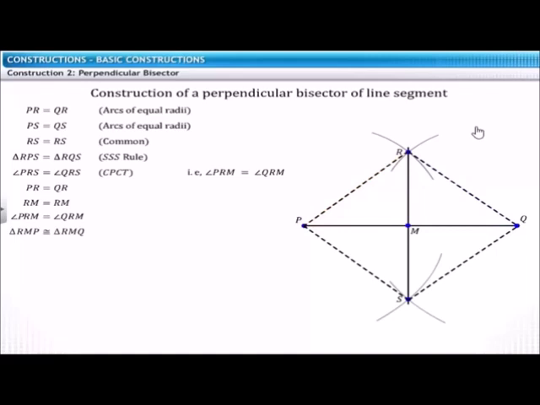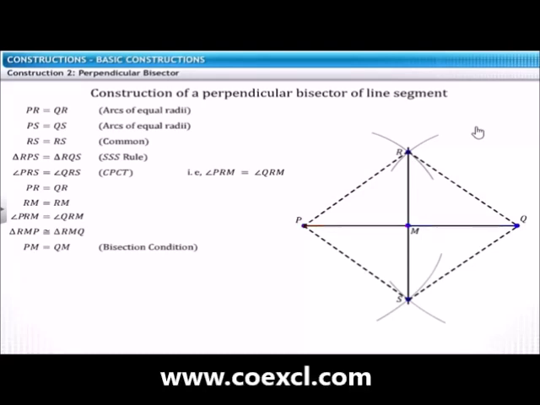By the CPCT principle, side PM is equal to side QM. This proves the condition of bisection. Similarly, by CPCT, angle RMP is equal to angle RMQ. The angles RMP and RMQ also form a linear pair.